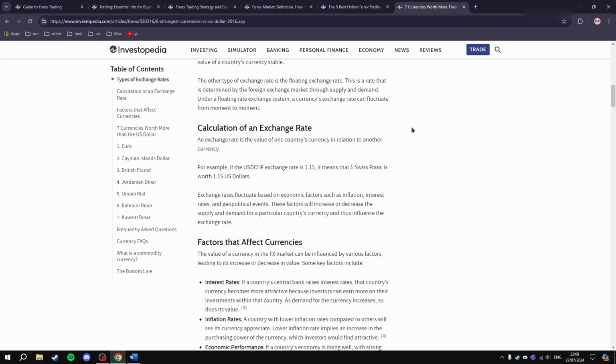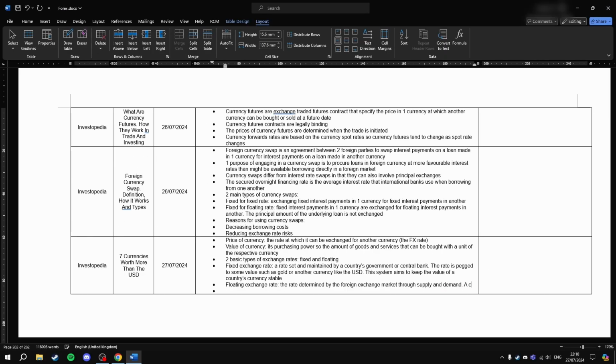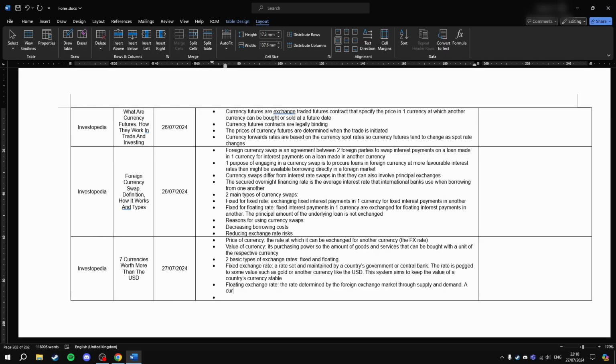Under a floating rate exchange system, a country's currency rate can fluctuate from moment to moment. So a currency's exchange rate can fluctuate from moment to moment.